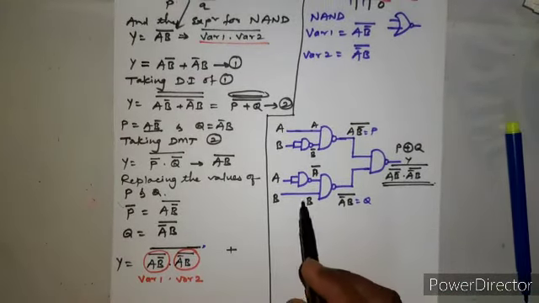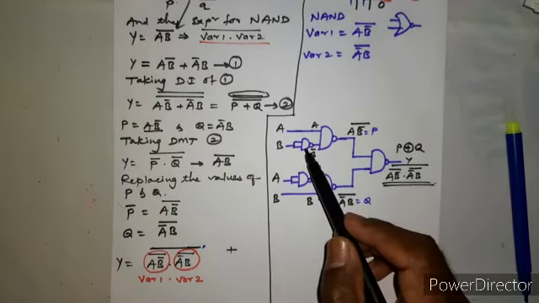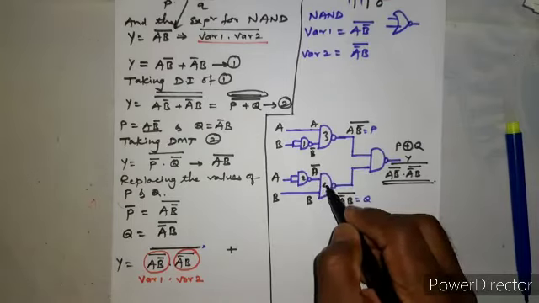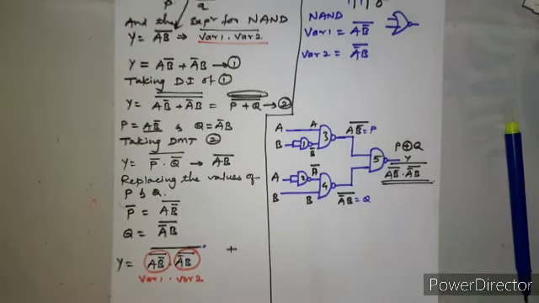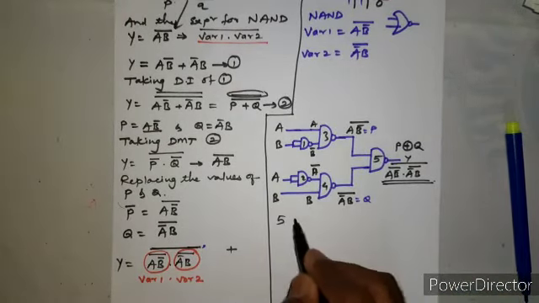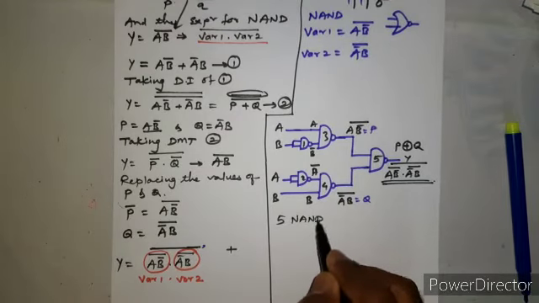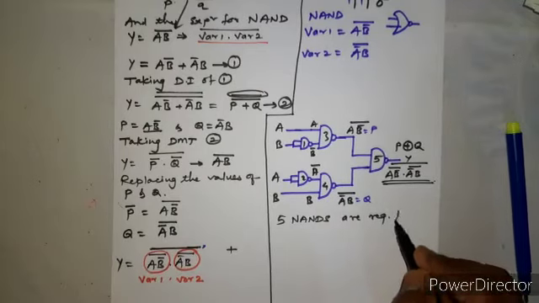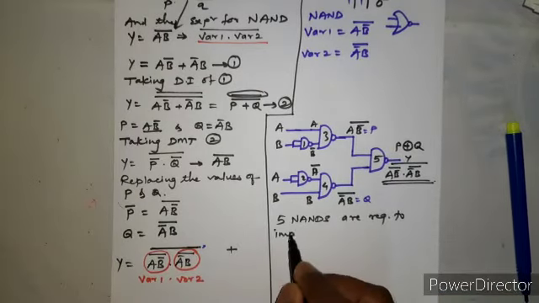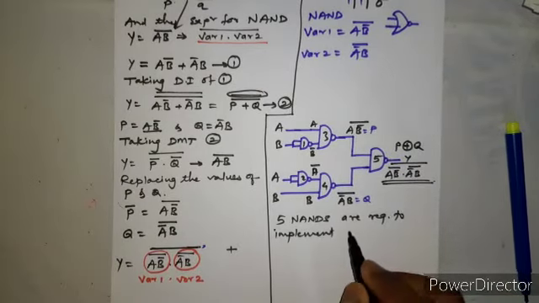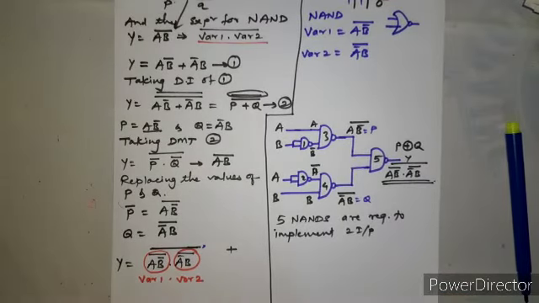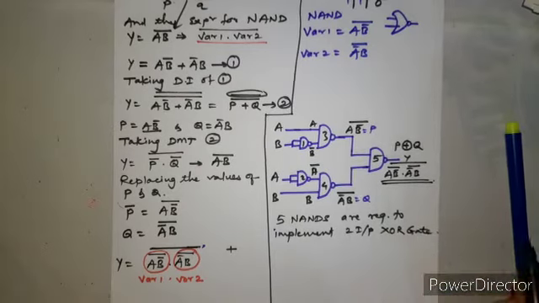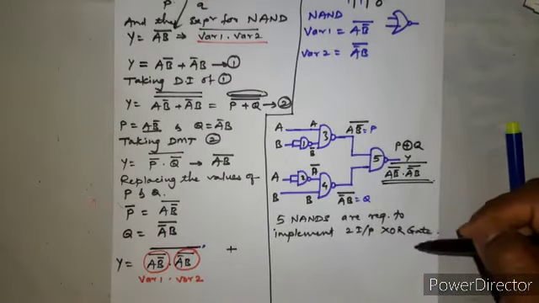Now how many NAND gates are required? So 1, 2, 3, 4, 5 NAND gates are required to implement 2 input XOR gate. So why have I written this?